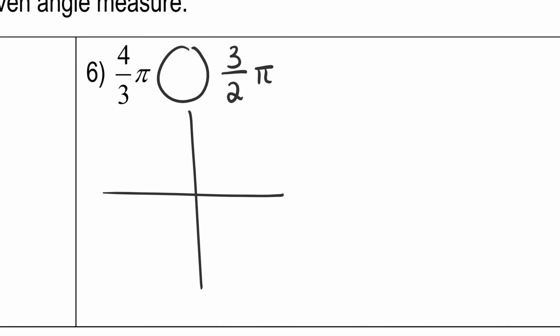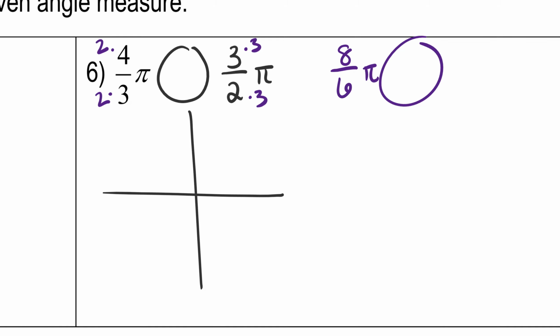My denominators are not equal, therefore I cannot do this easily, but I can convert these to the same denominator. Then I can see if it'd be greater than 3/2 or less than. So let's go ahead and do that. A common denominator would be 6, right? So I multiply this one by 2, this one by 3, and I would get 8 over 6 pi, and then 9 over 6 pi.